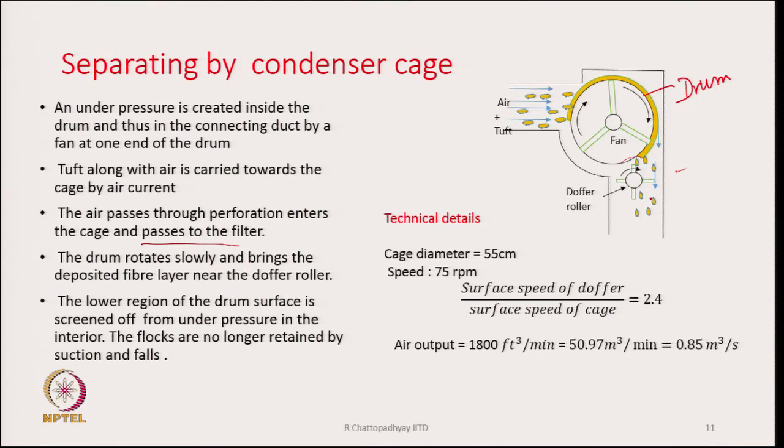You can call it Doepfer roller, or you can call it stripper roller. As soon as it comes over there, this Doepfer roller is going to scrape off the layer of tufts from the surface of the drum or surface of the cage. This can be called drum, or it is also called cage.